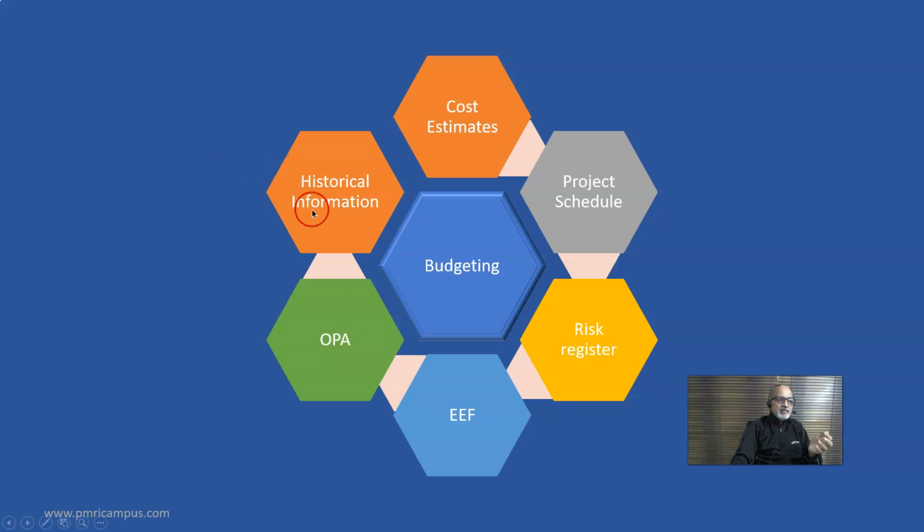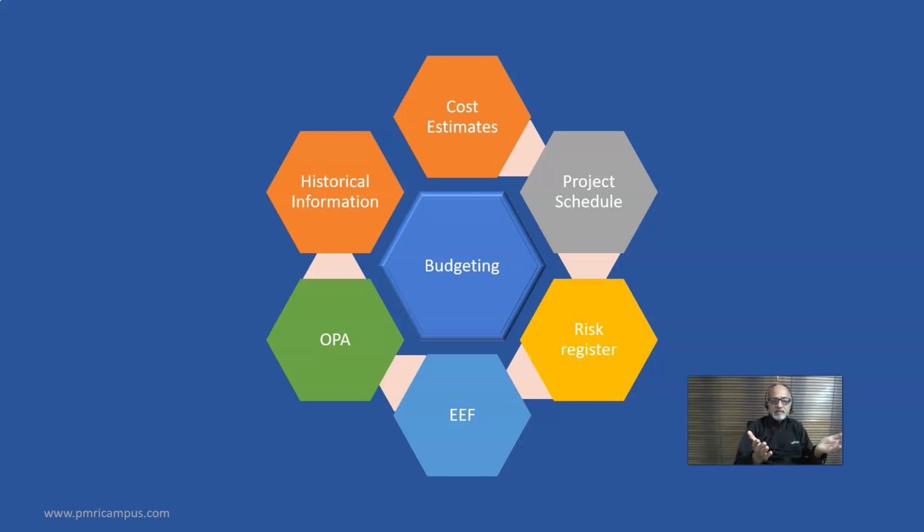Then historical information also plays a major role at the time of budgeting, because we have to refer back to the historical data so that we can do kind of an analogous or parametric estimate using that data and incorporate those things into the budget.